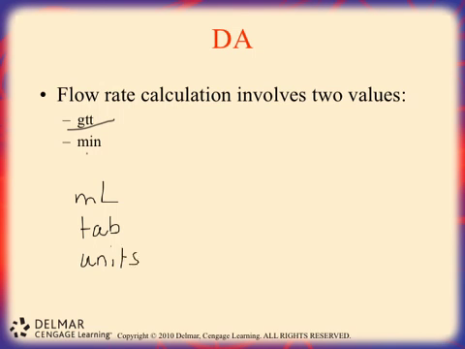When we're talking about IV calculations, we will be looking for drops per minute. So already it differs just a little bit, because we will start our equation like that.